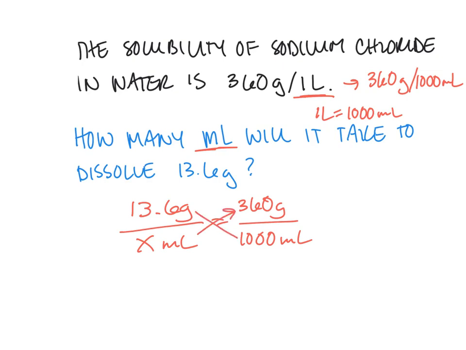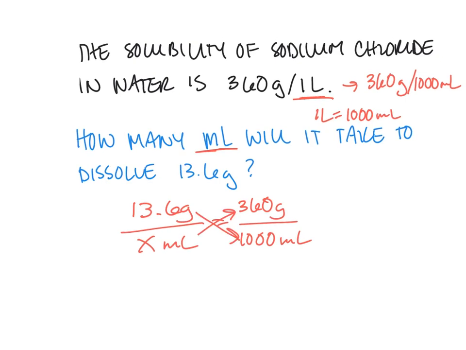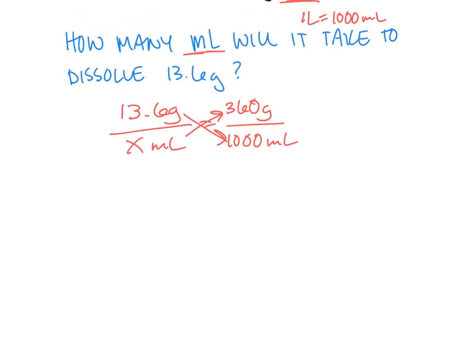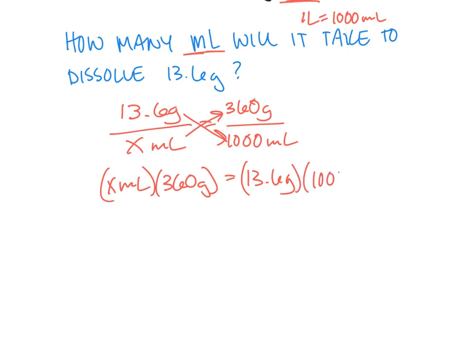I'm going to cross multiply. So this is the same style of solving that we did before. So we have X milliliters times 360 grams equals 13.6 grams times 1,000 milliliters. So now we're just solving for X.